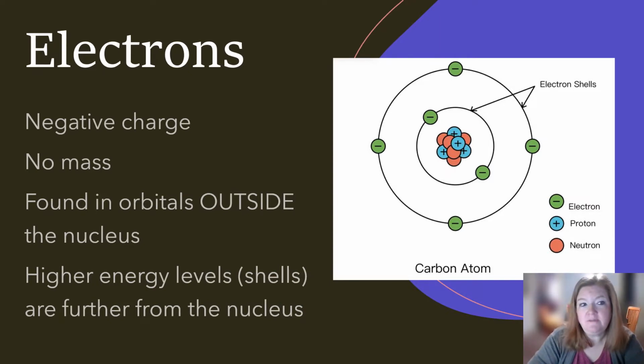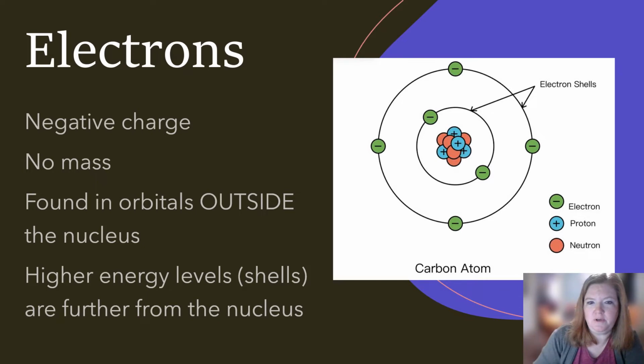Electrons. Electrons have a negative charge. Now they have no mass. Well, not exactly no mass, but we'll just call it no mass because it is so much smaller than a proton and a neutron. Electrons are found in orbitals outside the nucleus where they have an extremely high probability of being found. And higher energy levels or shells are further from the nucleus.